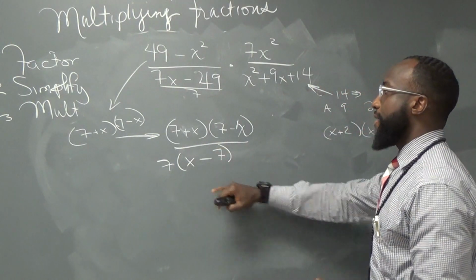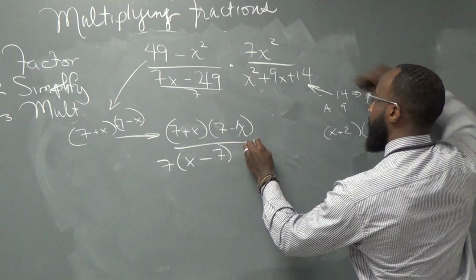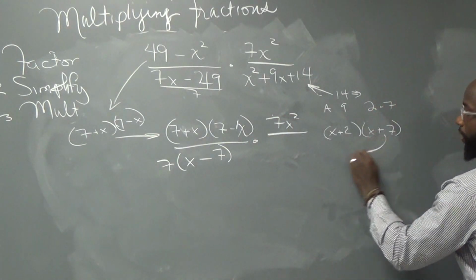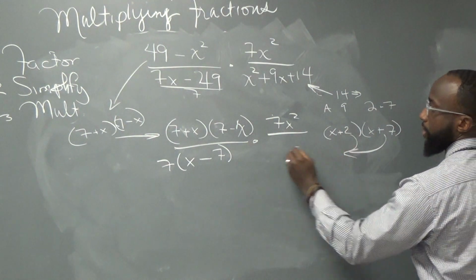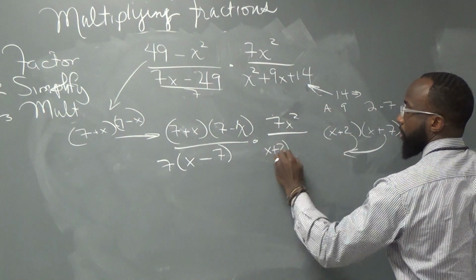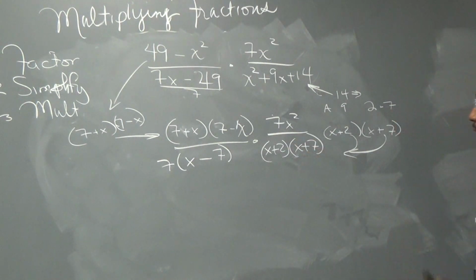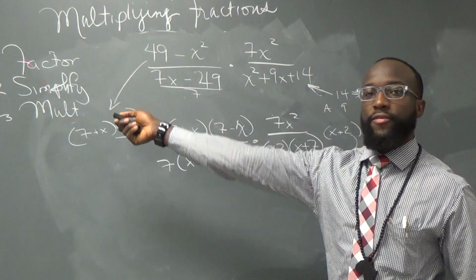So that's what you have here. And over here, you're going to have 7x squared over this situation here. So you're going to have x plus 2 times x plus 7. Okay, there we go. From here, we will simplify.